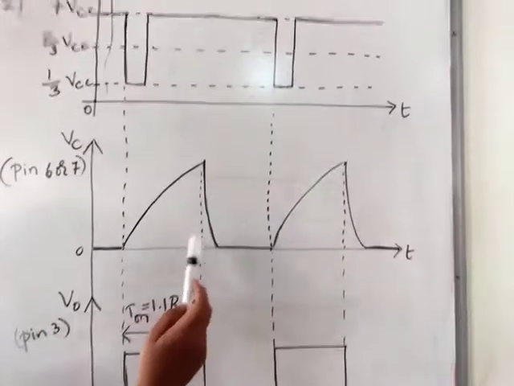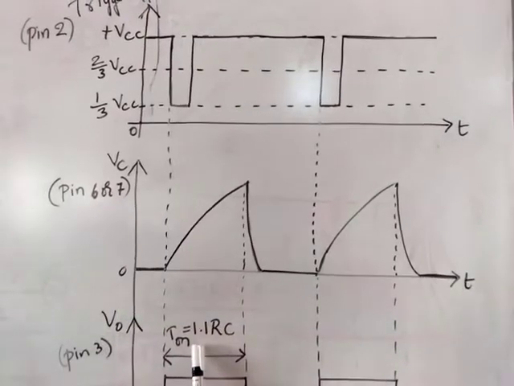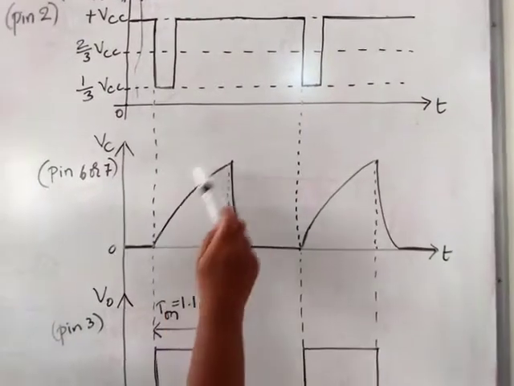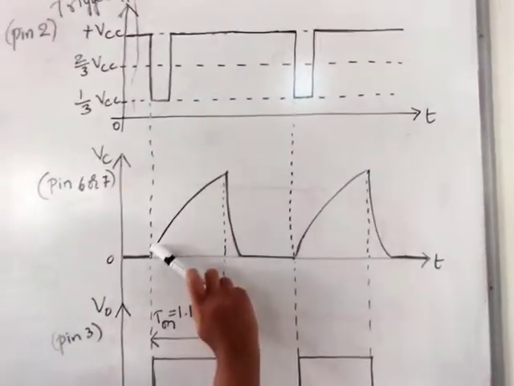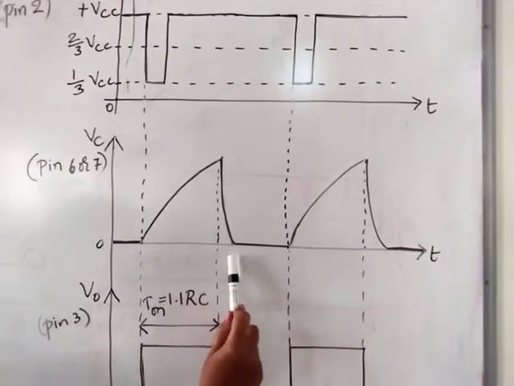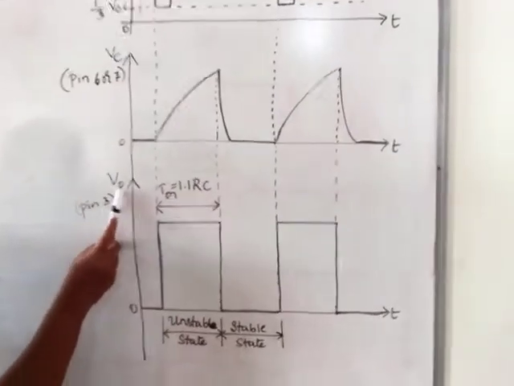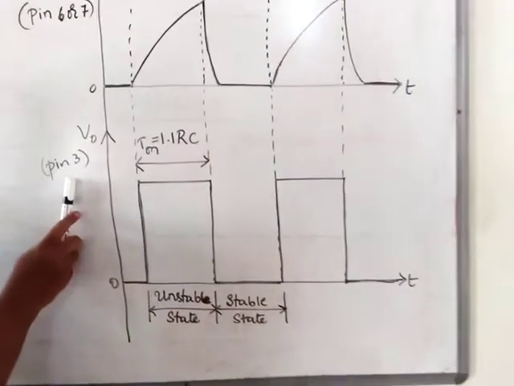For frequency equals 1 kilohertz, T on will be equal to 1 millisecond. Maximum time is taken by charging, whereas the discharging time is very less. And this is the output waveform we are measuring at pin number 3.